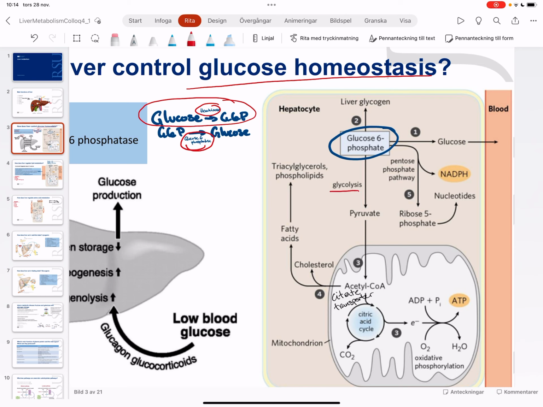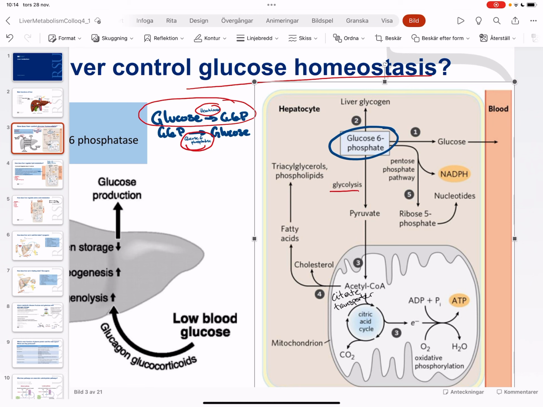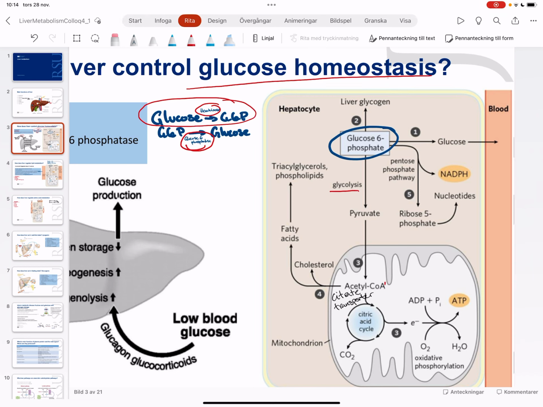and then we will get pyruvate, and pyruvate will be converted to acetyl coenzyme A, and then we will go through the citric acid cycle and get energy. That is in the case of glucagon. But if we have insulin, then we need to store our acetyl coenzyme A, because we already have a lot of ATP, and this will inhibit the enzymes in the citric acid cycle.